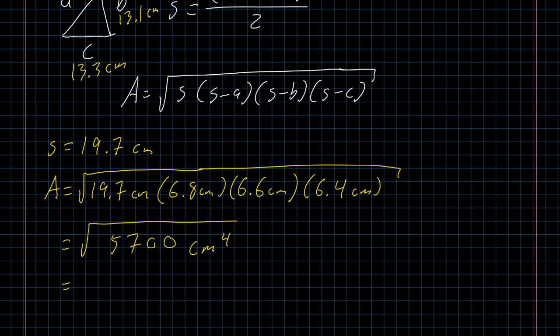Round that to 2 significant digits, and I get 75. And then the square root of centimeters to the 4th power is centimeters squared, right? Centimeters squared times centimeters squared would give you centimeters to the 4th. And that is exactly what we expect for units of area. So at least that's one thing that seems to work out in our favor.